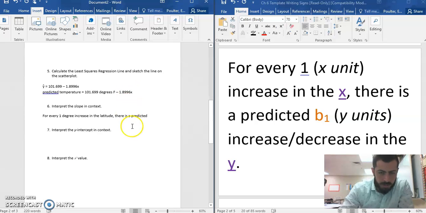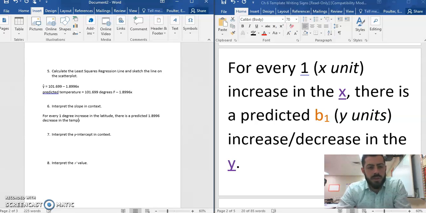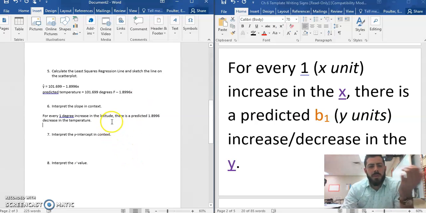I'm just going to write there is a predicted 1.8996 decrease in the temperature. And that's it. It's pretty straightforward, right?